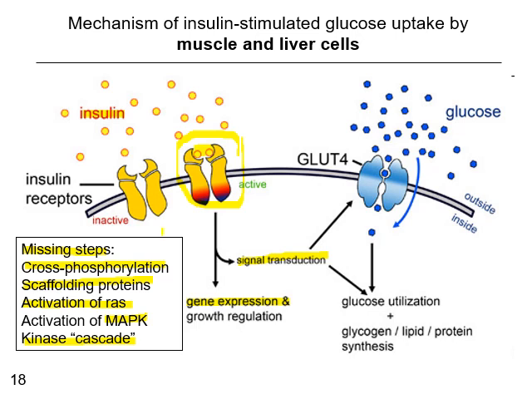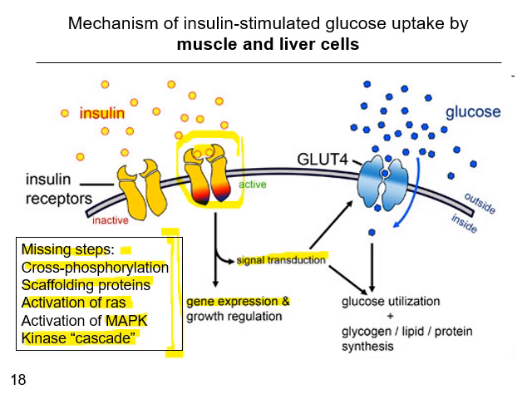So these are most, but not all, of the missing steps of this cartoon. Dimerization, cross-phosphorylation, adapter protein recruitment, RAS activation, MAP kinase activation, and the activation of a kinase cascade.